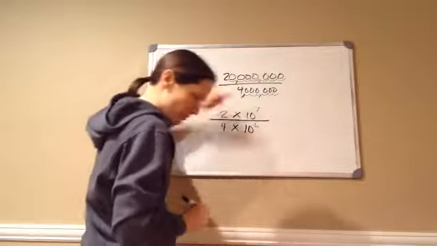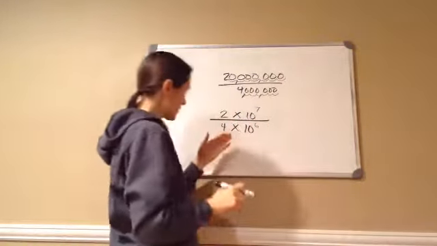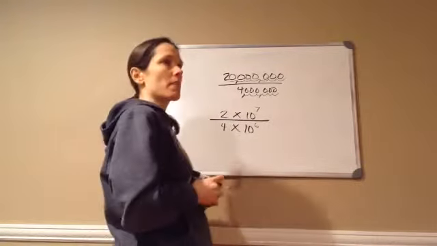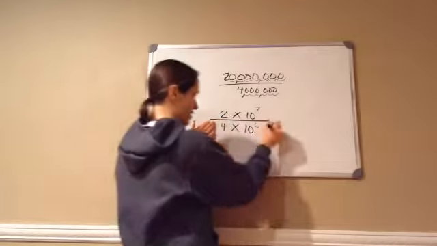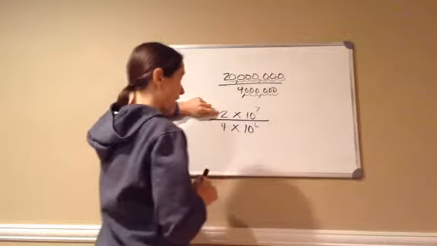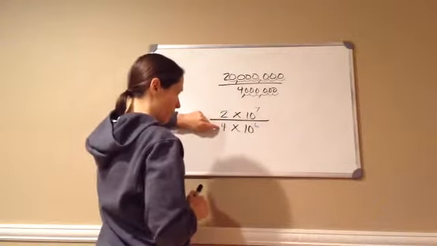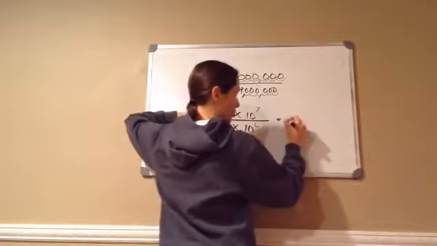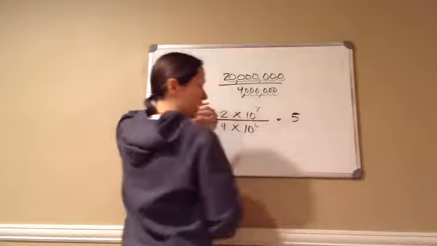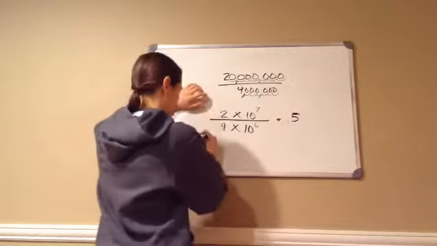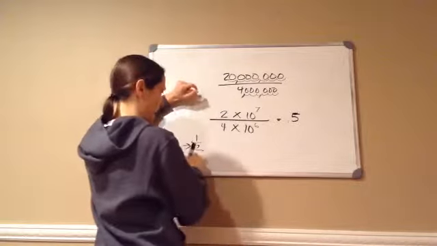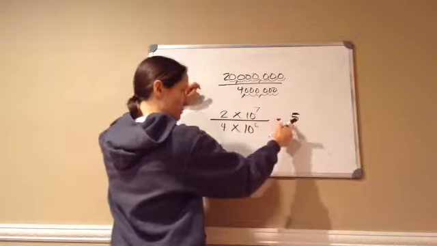Okay? Now, once we get to this point, it's similar to the multiplication of them, but this time it's division, okay? And so I'm dividing the numbers, 2 divided by 4, which hopefully you can see is a half. So that's going to give you 0.5 as a decimal number. Half, 2/4 is reduced to a half, and half written as a decimal is 0.5.